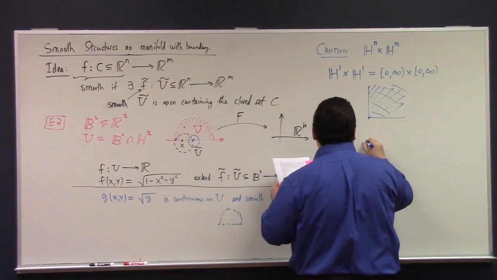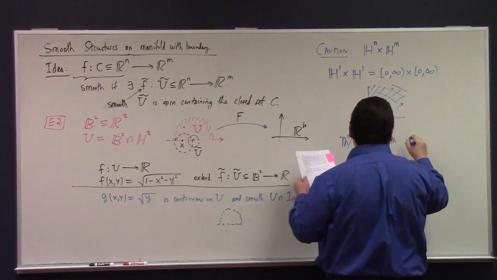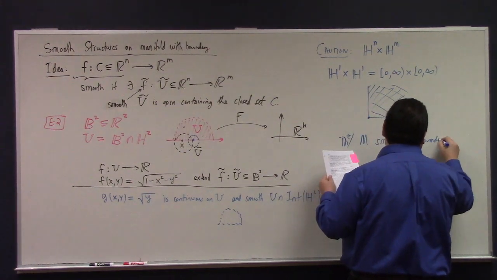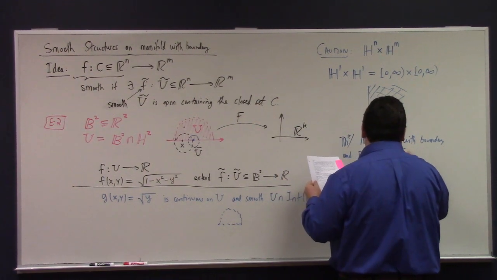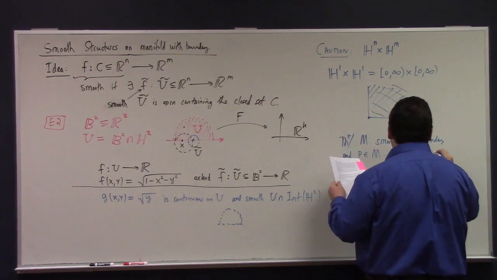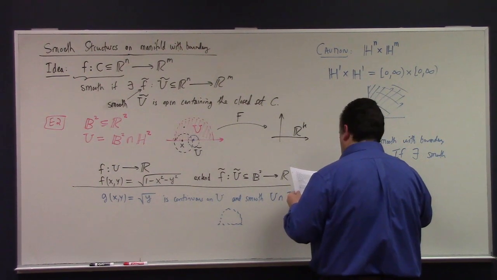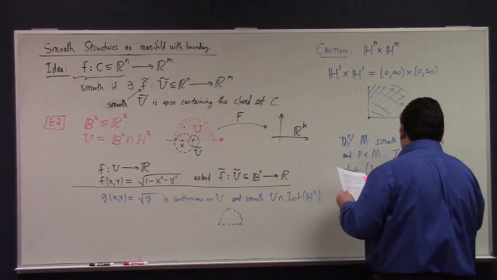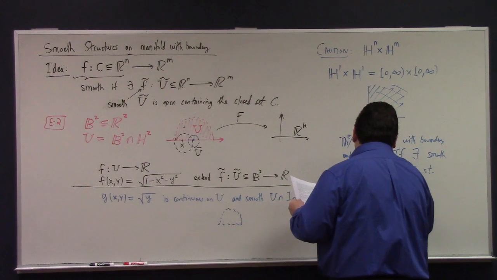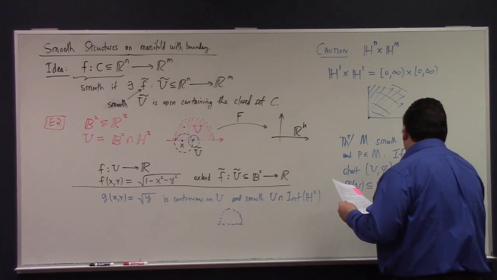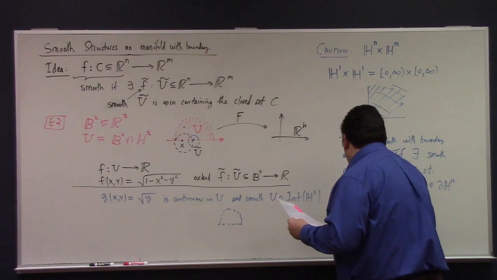So if M is a smooth manifold with boundary, this is theorem 1.46 in John Lee, and p is an element of M. If there exists a smooth chart (U, phi) for M such that phi of U is a subset of the closed upper half space, and more than that, phi of p is an element of the boundary of the upper half space, then check this out.